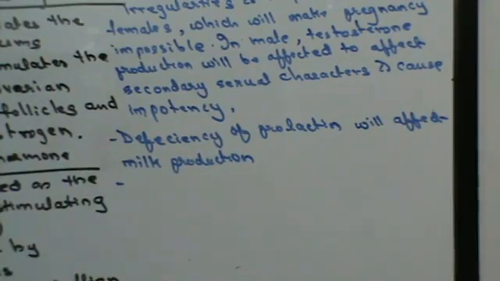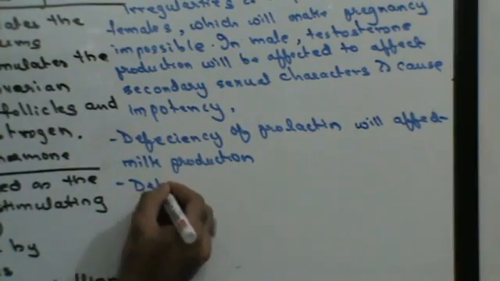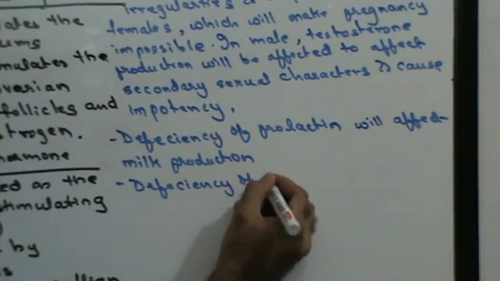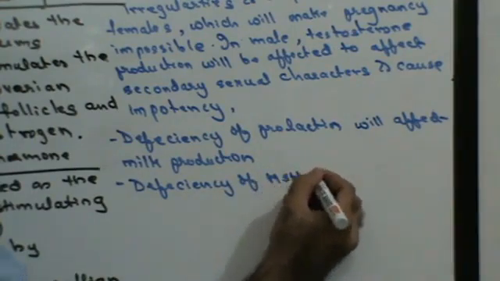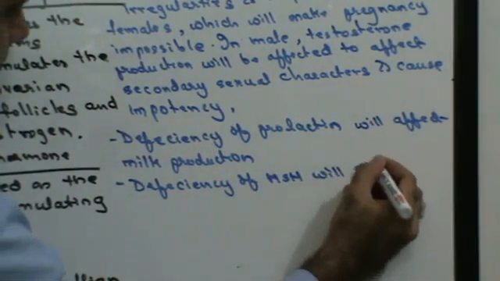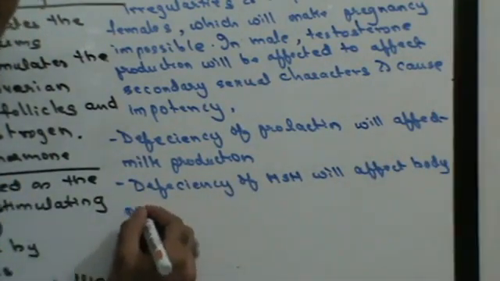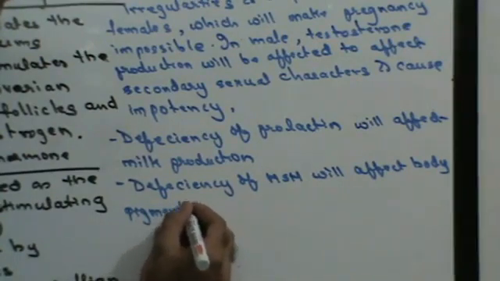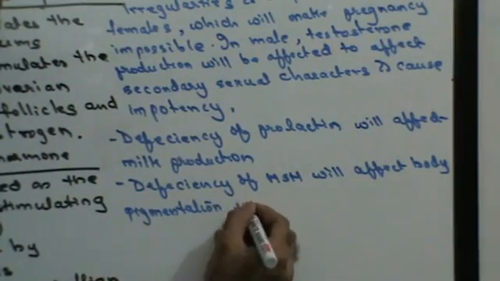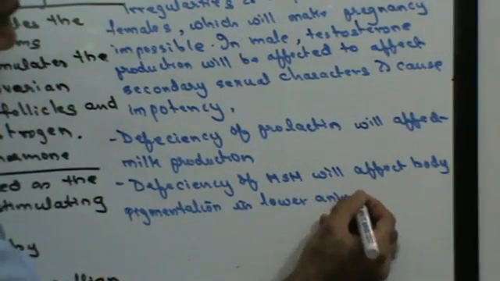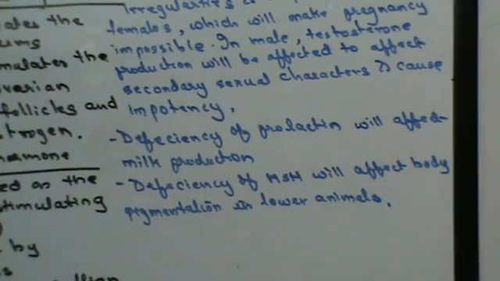Finally, deficiency of MSH will affect body pigmentation in lower animals. Right?